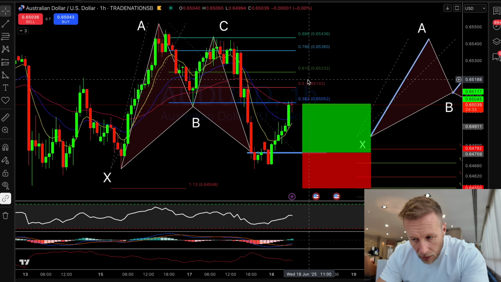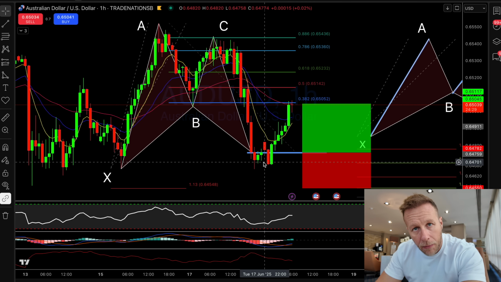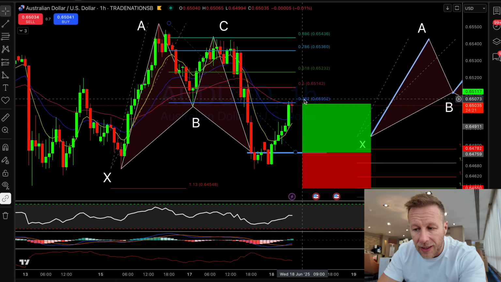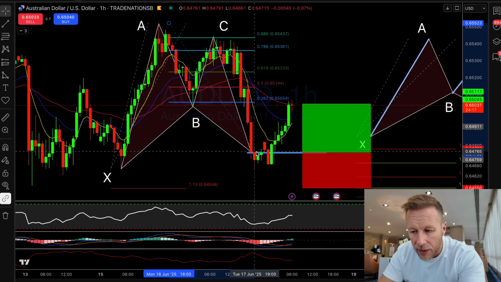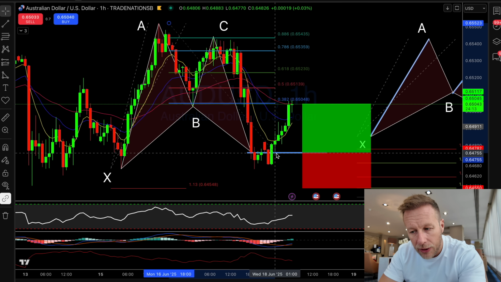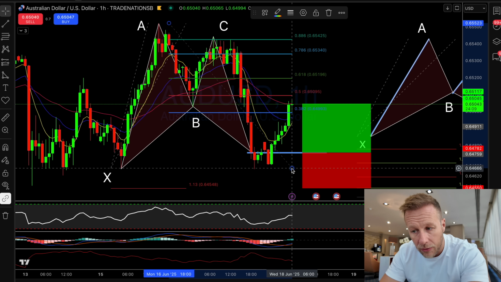Now, because price pushed down, if price pushes down lower than the completion, we still want to look for that 382 move. This is important. So you can't just leave the initial target where it was. You need to adjust it with price, which means although this was the D completion, and this is where you're looking for that 382, when price pushes down, you have to adjust the Fibonacci retracement with it.